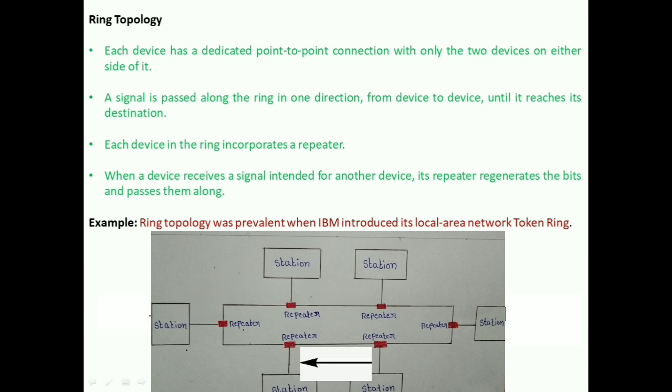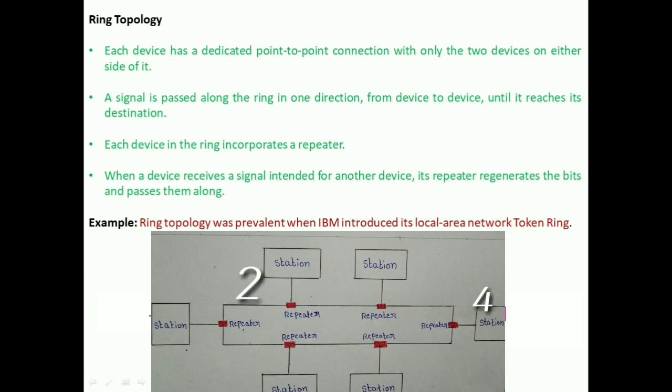If you see in the diagram, each device in this ring also has a repeater. So when a device receives a signal intended for another device, let us say station 1 is sending information to station 4, the signal goes through station 2.